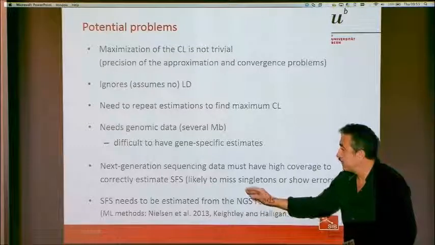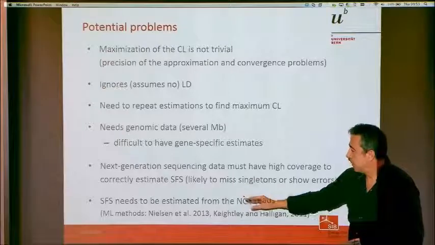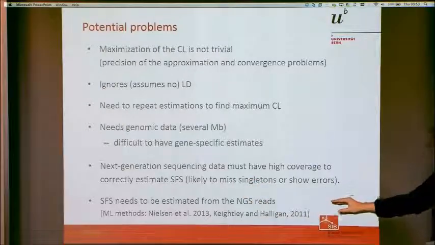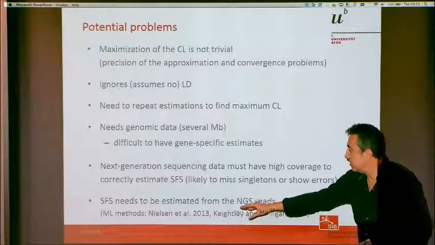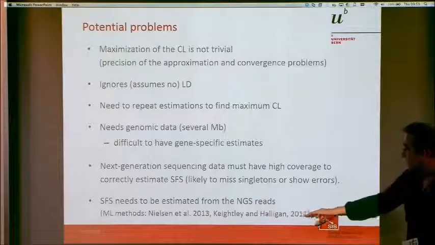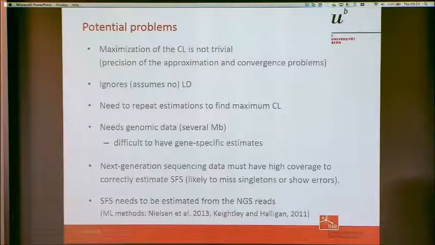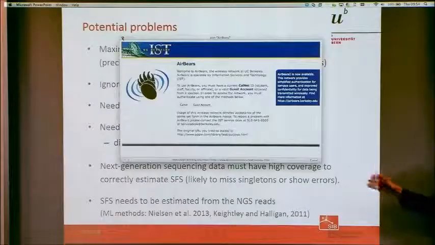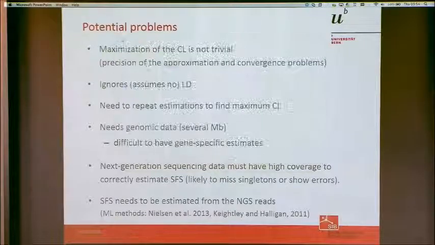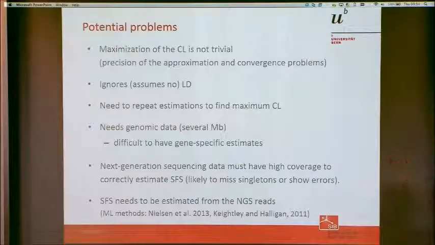So some care needs to be taken to correctly infer this spectrum, and there are different methods, some developed by Rasmus, some by Peter Keightley and Halligan, that try to give some maximum likelihood estimation of the site-frequency spectrum, and then we can plug these things after that into these inferential programs.